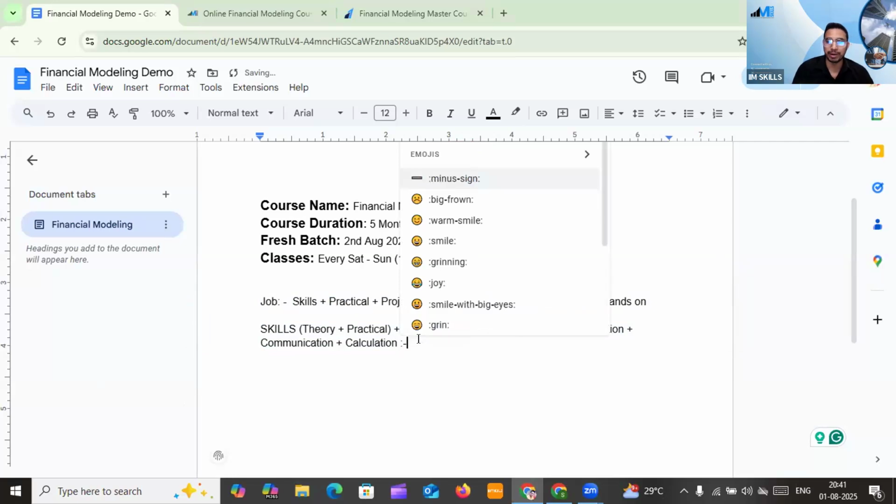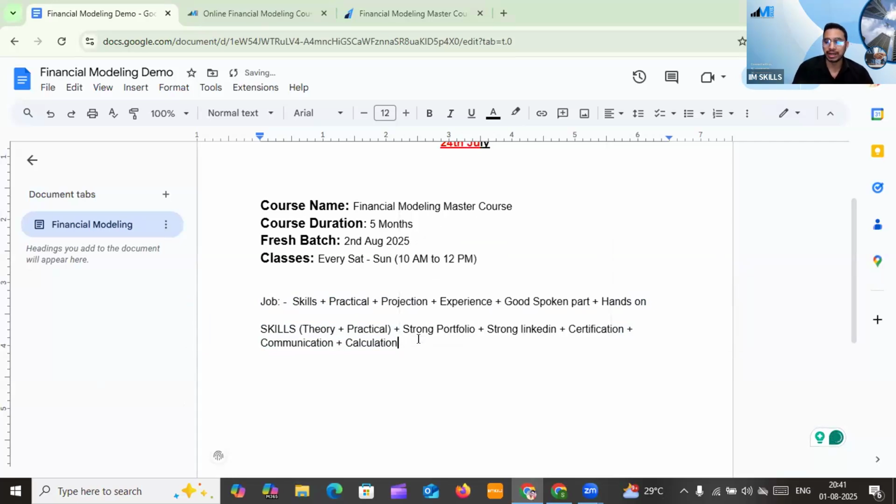I am adding one more part because someone has responded in the chat box that they were looking for freelancing, and the person's name was Kaushik. Mr. Kaushik has mentioned freelancing. Now, if somebody is looking for freelancing, first of all, this skill set is required.